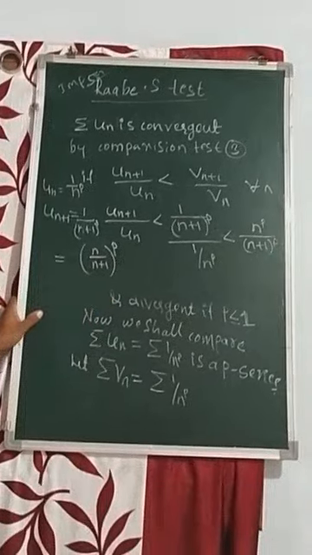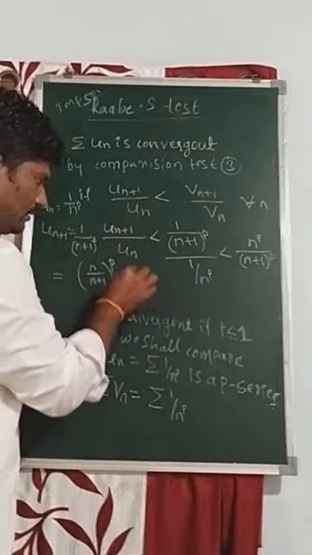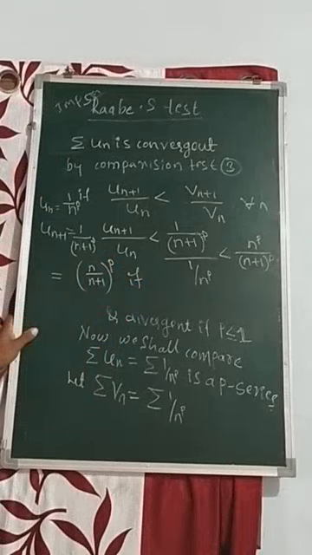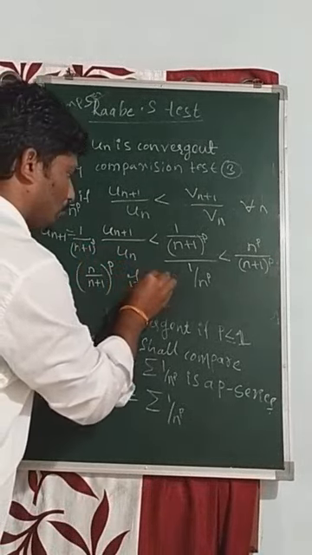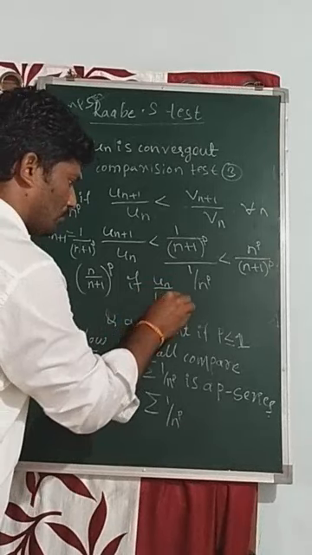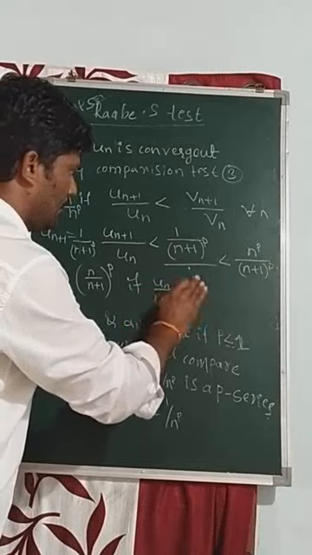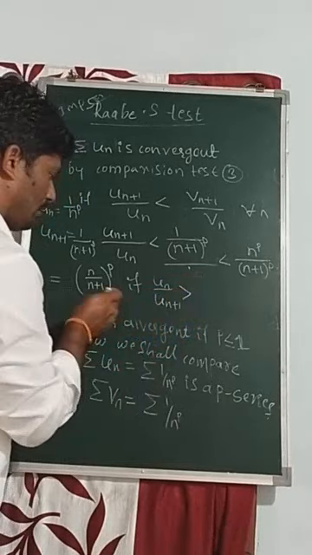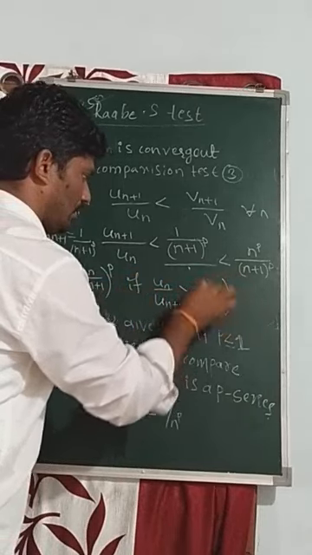Next, taking the reverse process, un divided by un plus 1 is greater than n plus 1 divided by n, raised to p.